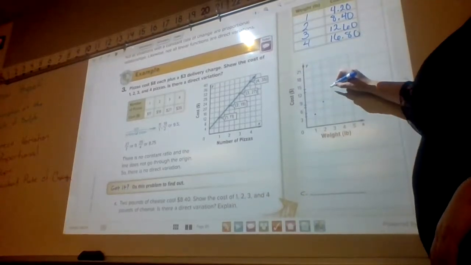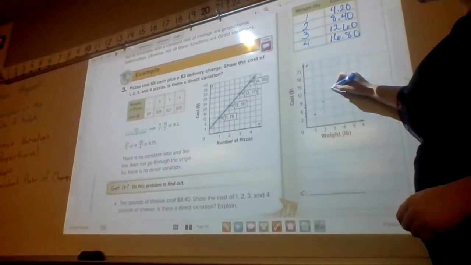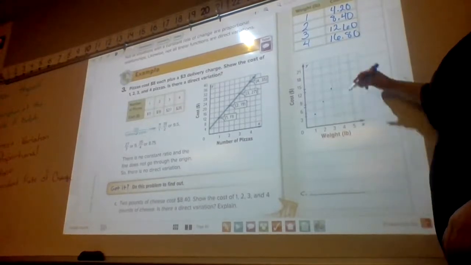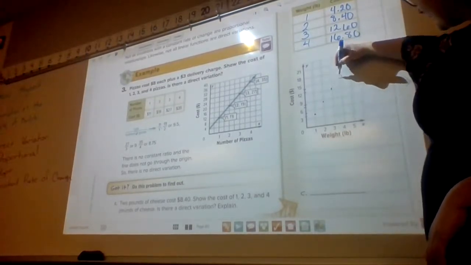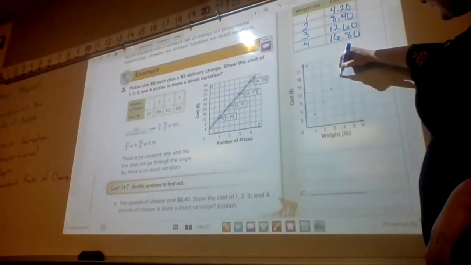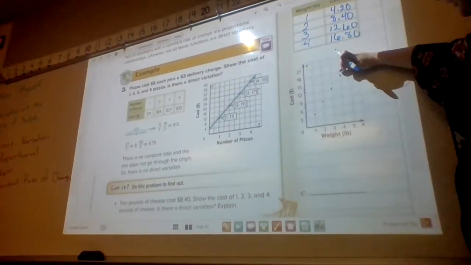Then we go 3 to about a $12.60, and 4 to 16. $80 would be right about there.